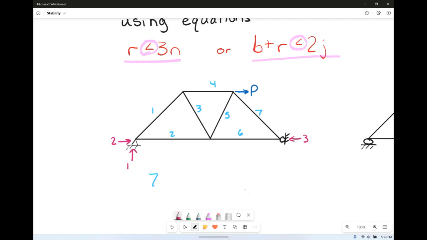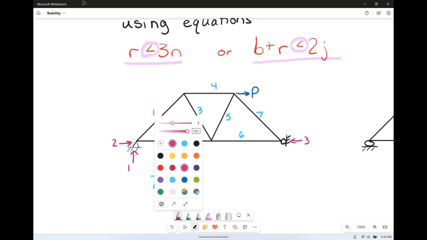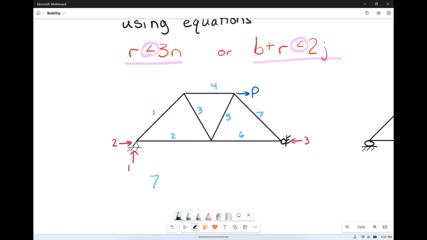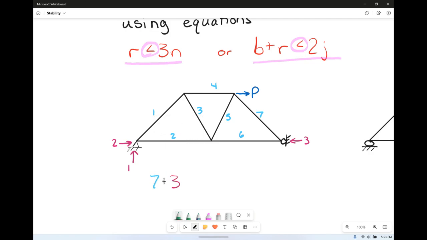And then we have a force P here, and that P is just going to help us really look at the concepts. So again, we have 7 bars plus 3 external reactions, and that compares to how many joints? 1, 2, 3, 4, 5 joints.